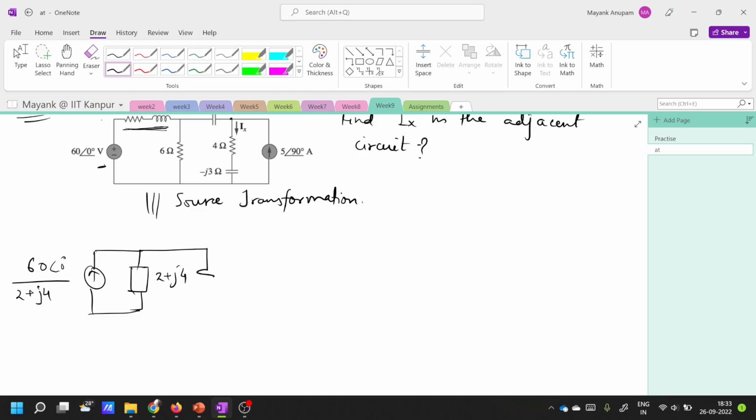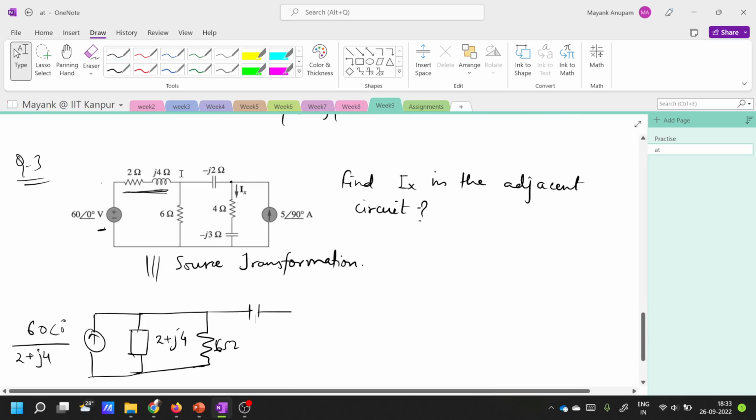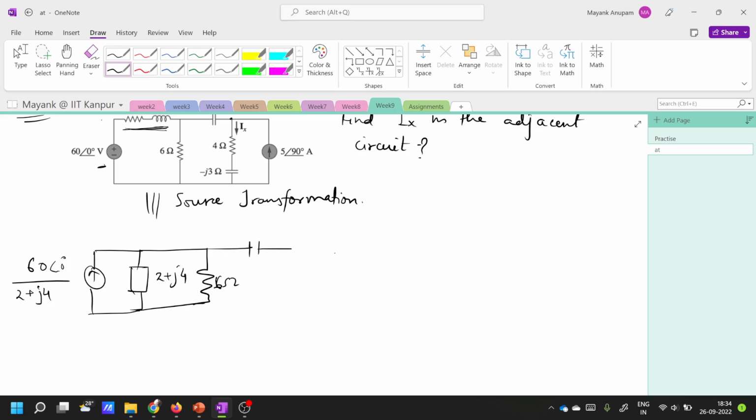And then there will be this 6 ohm impedance here in parallel to this. Then there will be this capacitor here, its value is minus 2j, then there is this 4 ohm, and then again there is a minus j3, this is 4 ohm, and then there is a current source. Fine.